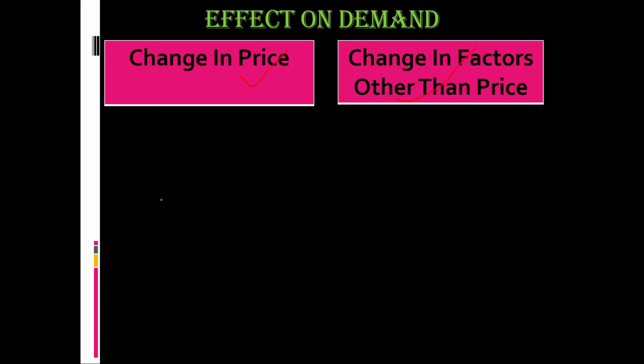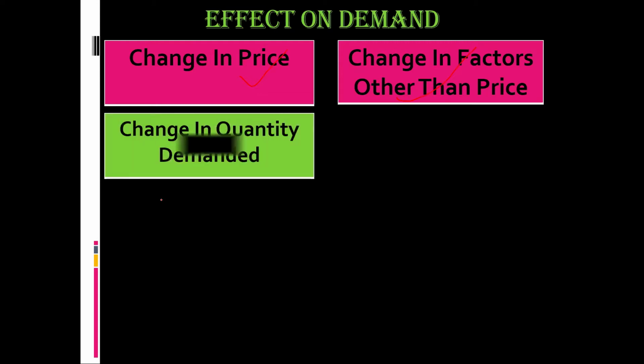Now, when price is affecting the demand, we have named it as change in quantity demanded. When the effect is created because of the change in price, it will be named as change in quantity demanded.